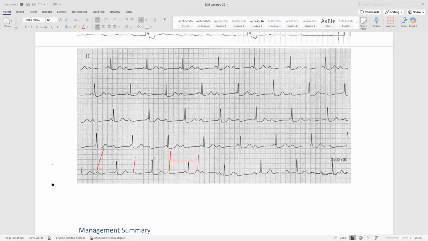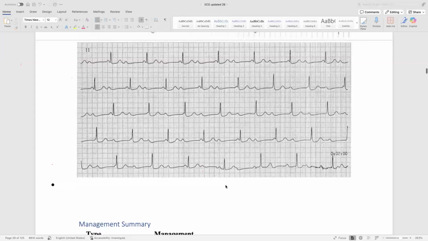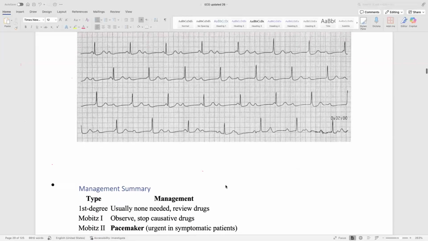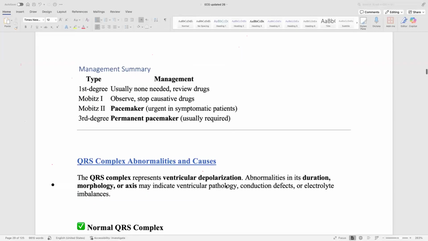P like normal, R like normal. But the duration between the P and R is different from beat to beat. So this is third degree, complete heart block. How to manage? Permanent pacemaker.